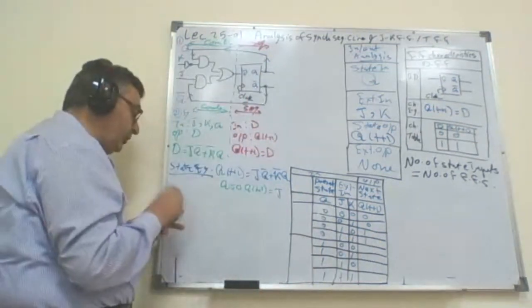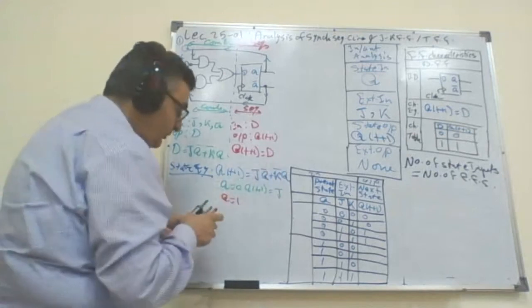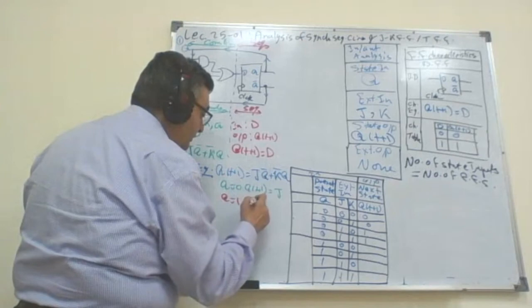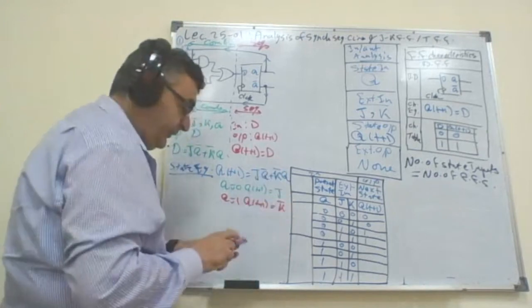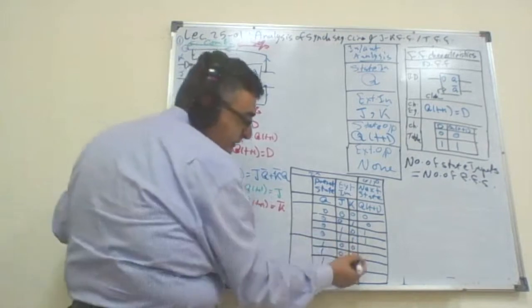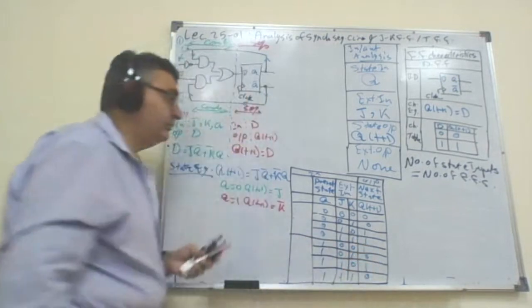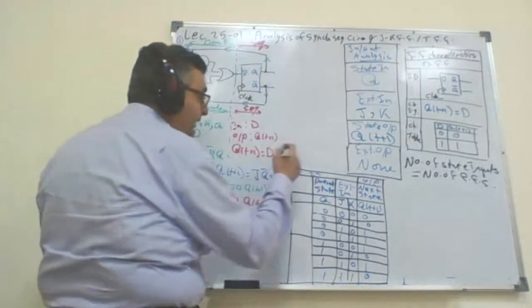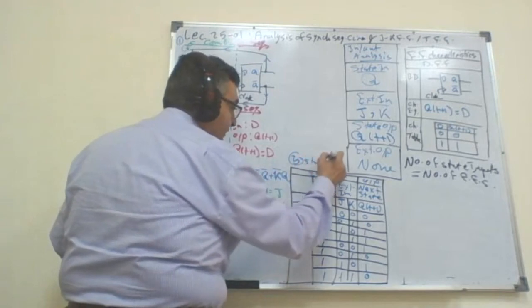When Q equals 1, this equation will be simply Q of T plus 1 equals K bar. So K bar means 1, 0, 1, 0. I am done with the second component, which we call the third component, which is called the state table.